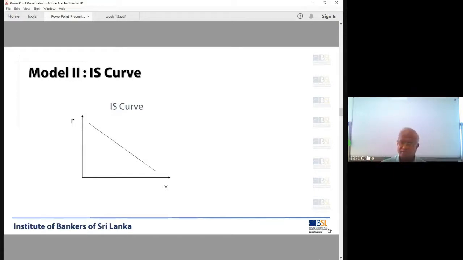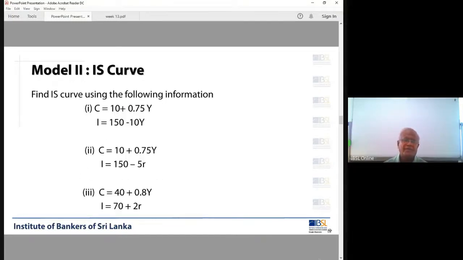At each point along the IS curve, investment equals savings. Or you can say GDP equals Y, aggregate demand equals aggregate supply. That is the IS curve, negatively related.